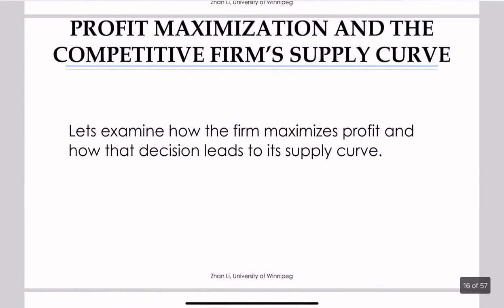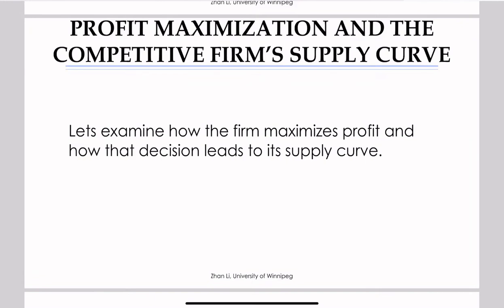Okay, as I have mentioned, we want to understand how we could get a firm's supply curve. And I also mentioned in this competitive market, the marginal cost curve will give us a firm's supply curve.